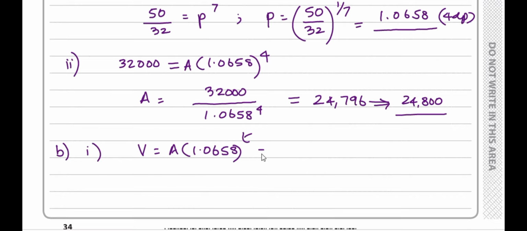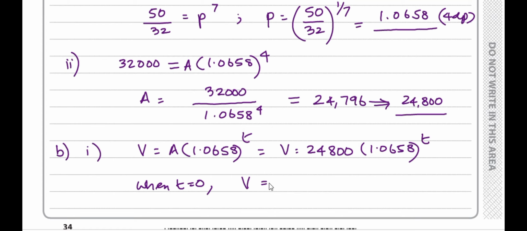And A is also equal to 24,800 times 1.0658 to the power of T. So when T is equal to 0, V becomes equal to 24,800.